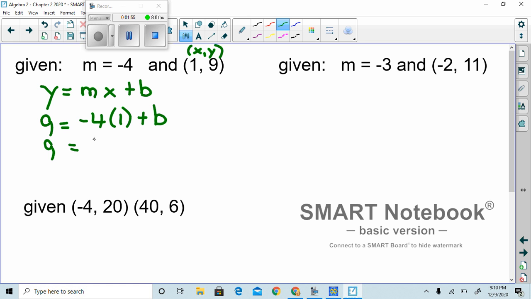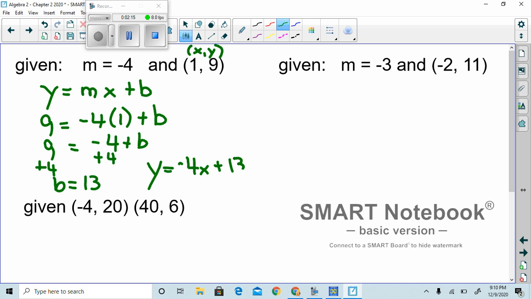We'll simplify. And one inverse operation will get us the value of b. b is equal to 13. Now that we know the slope and the y-intercept, our equation is simple to write. y is equal to -4x plus 13.